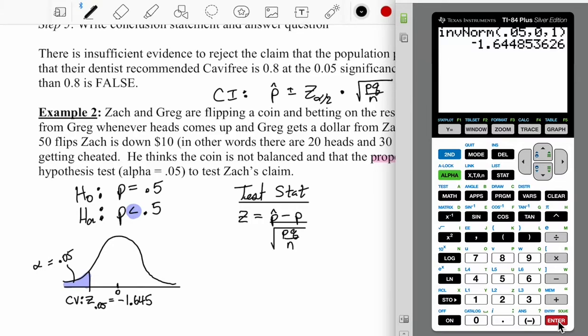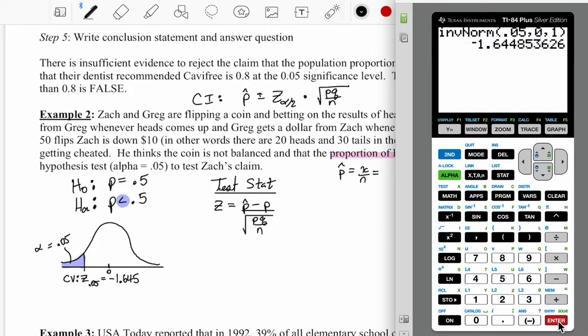So computationally, we pretty much have everything we need. We need to pull that p hat. P hat is x over n. We had a sample of 50 trials, and heads came up 20 out of the 50 times.